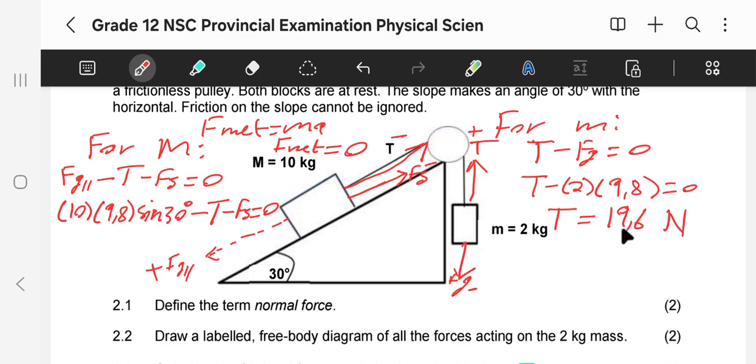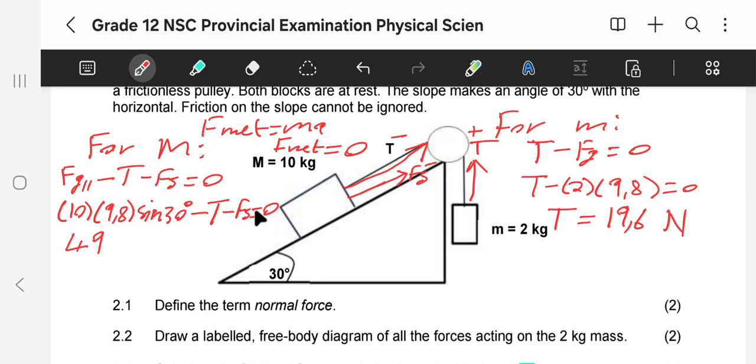Now that I have this tension, guys, what I'm going to do is to substitute it here, and it will help me find my friction. I hope you're following me so far. So I'm just going to do my calculation. Let me firstly multiply here and find out what is 9,8 and sine 30. Alright guys, so when I calculate this, the value I'm getting is 49.